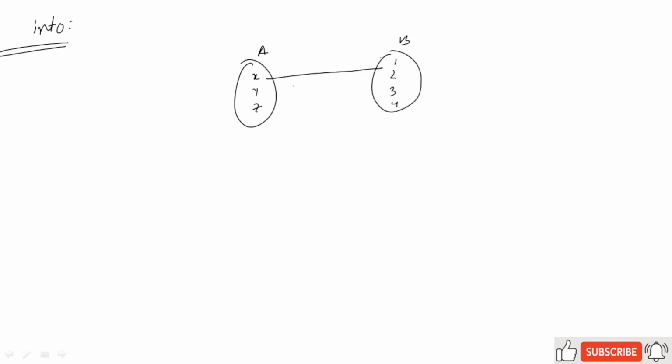Then x is related to 1, y is related to 2, and z is related to 3, then 4 is remaining here. So these are into functions. So the into definition is that there is at least one element in set B which does not have any pre-image in set A. Okay, then we call this type of relation into functions.